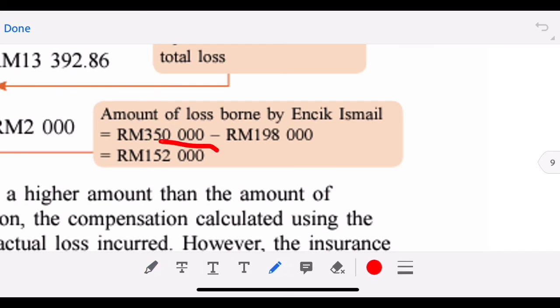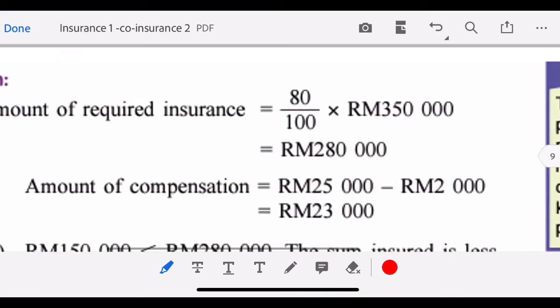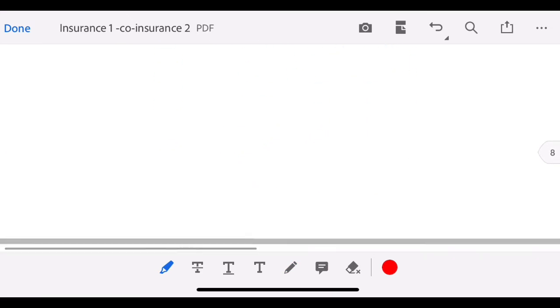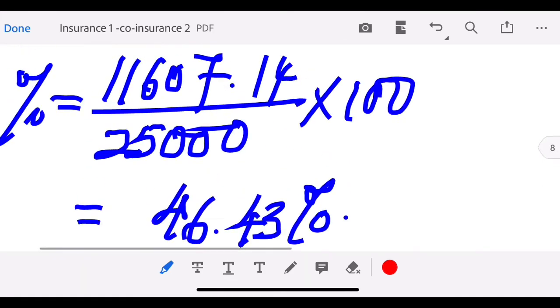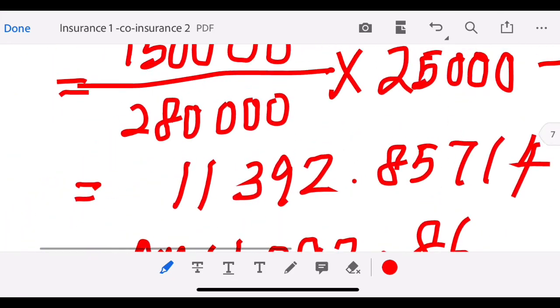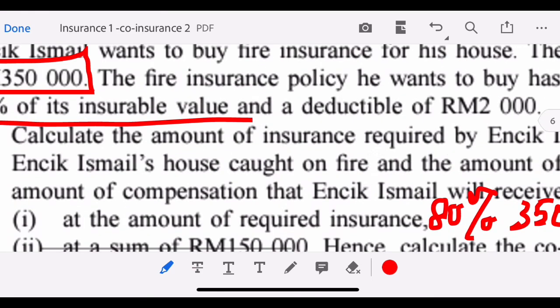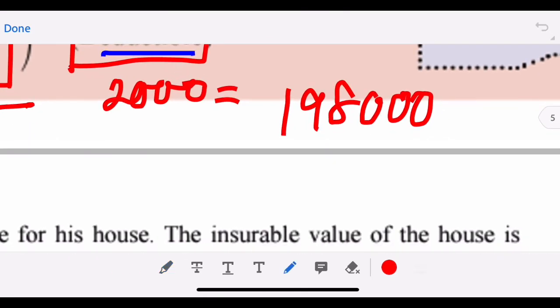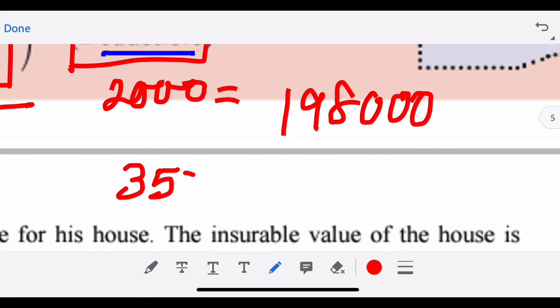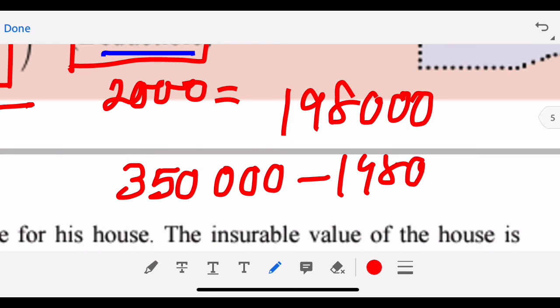It's just 152,000, right? Because the actual cost of the house is 350,000. So the cost of the house is 350,000 minus out 198,000.